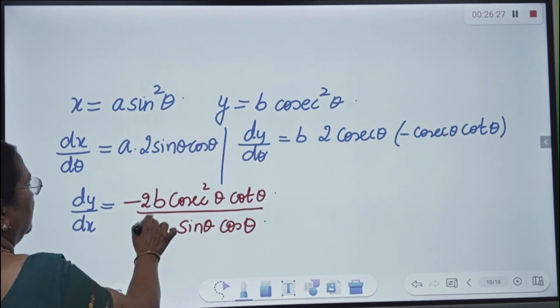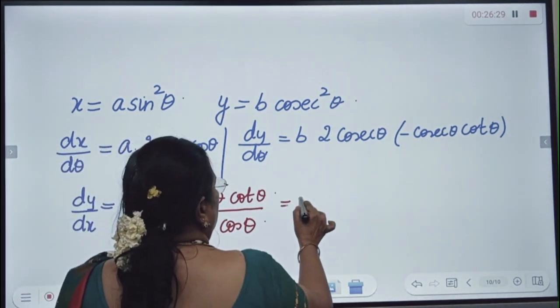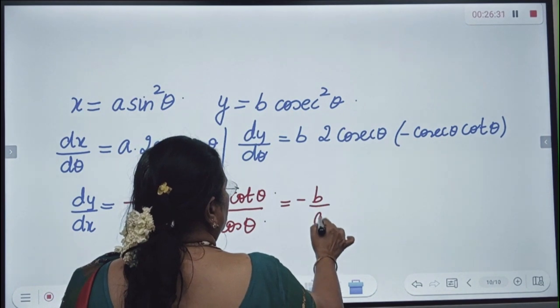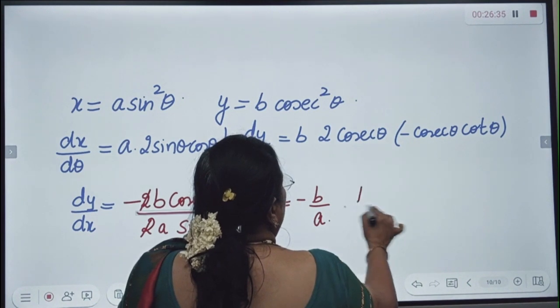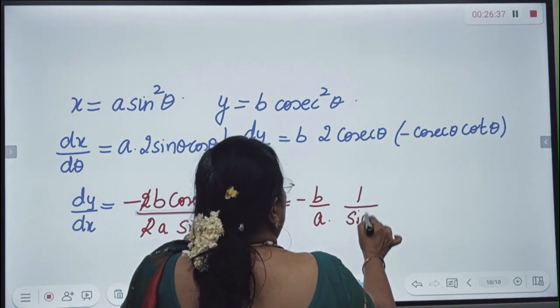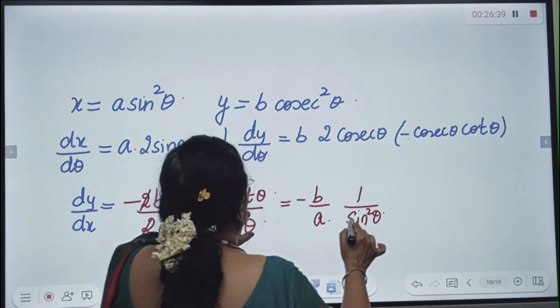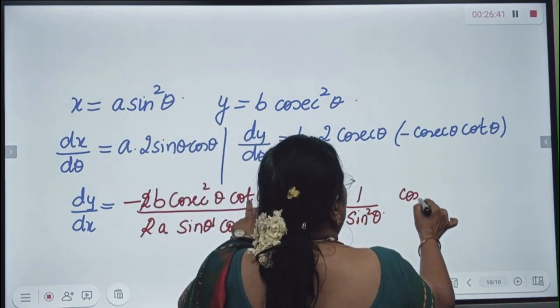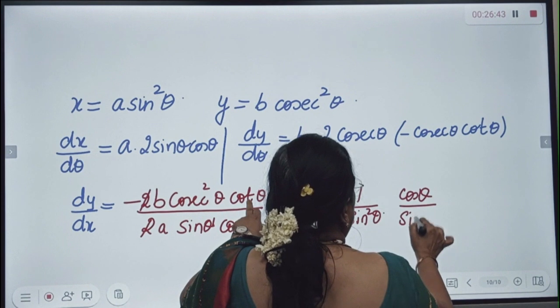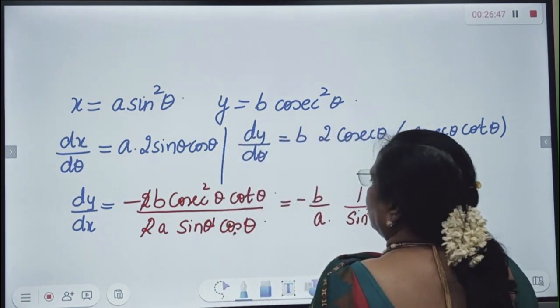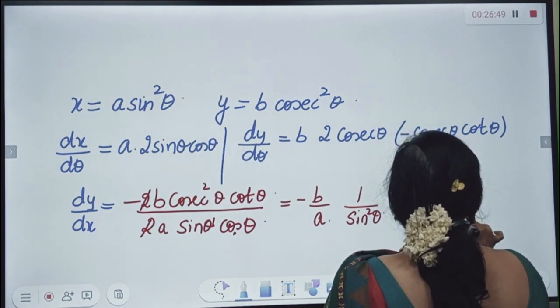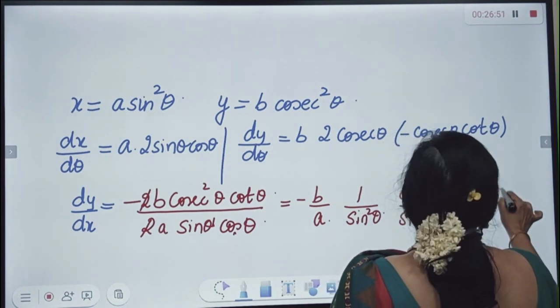Okay, this is minus b by a. Cosecant square theta is 1 by sin square theta. Cot theta is cos theta by sin theta. Then I have in the denominator 1 by sin theta into 1 by cos theta.